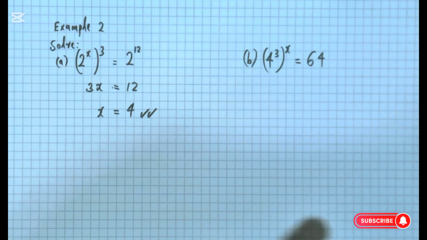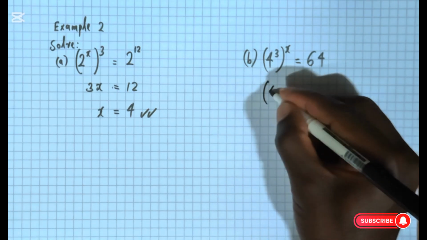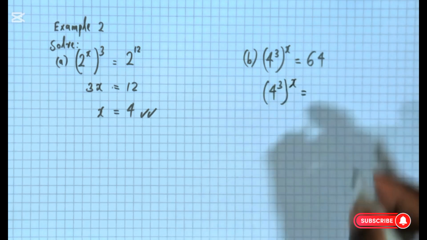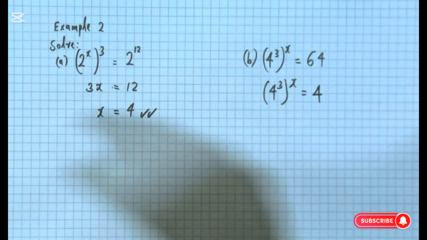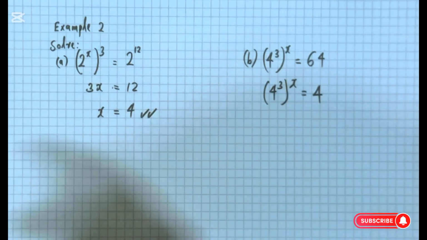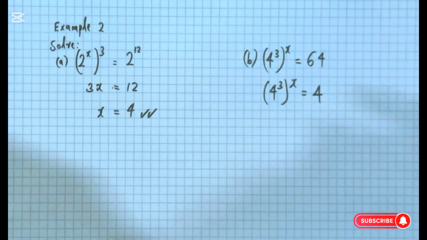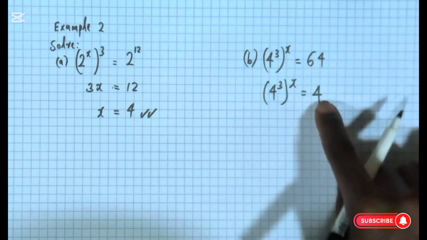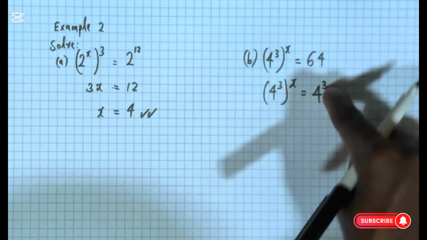What number do we have to raise 4 to, to get 64, is the question you want to ask yourself. You can use your calculator to find that out, or whatever you have available to you. So for us to get 64, we have to raise 4 to 3. So 4 raised to 3 will give us 64.